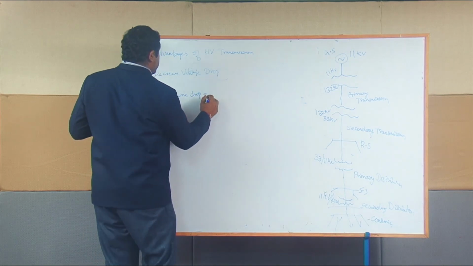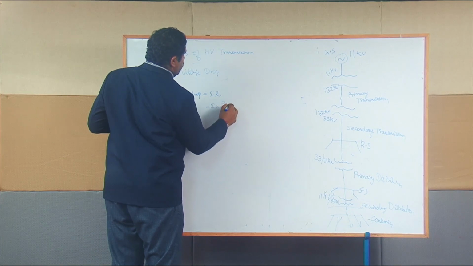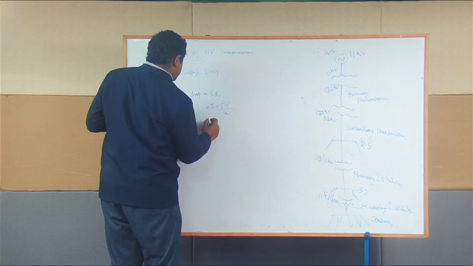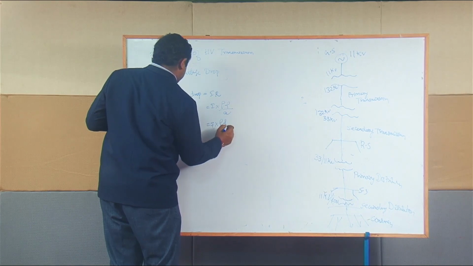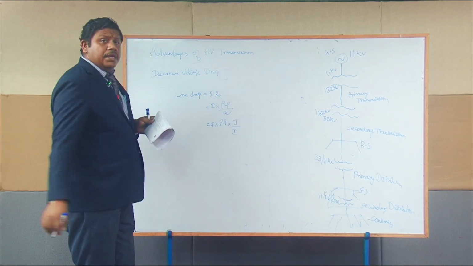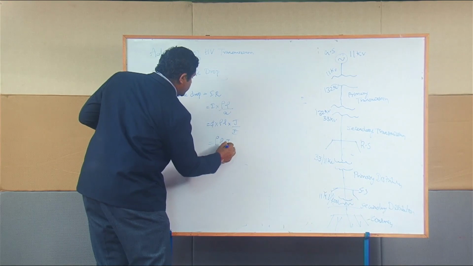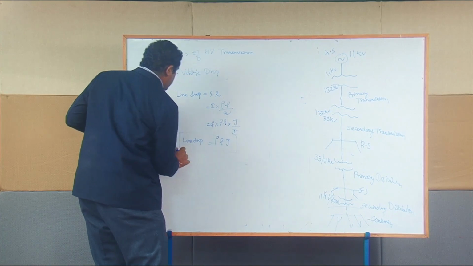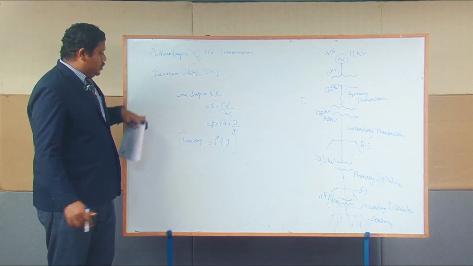Line drop is given by I into R, which is I into rho L by A. It can be taken as I into rho L into J by I. So, if you cancel I, it will be rho L J. From this expression, it is clearly shown that there will be a decreased voltage drop.